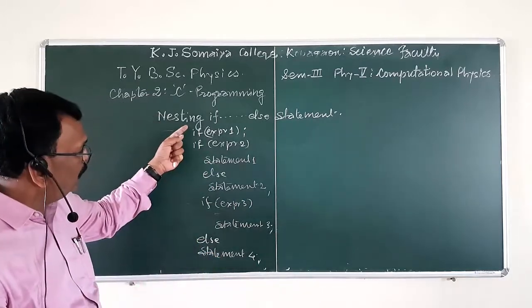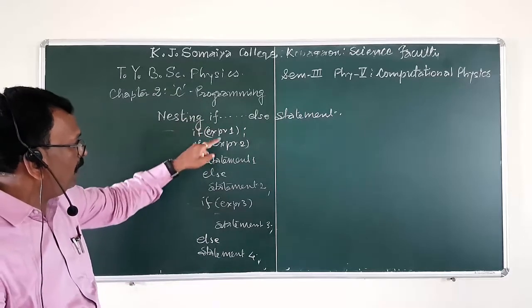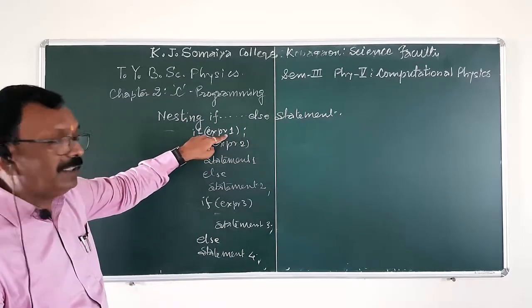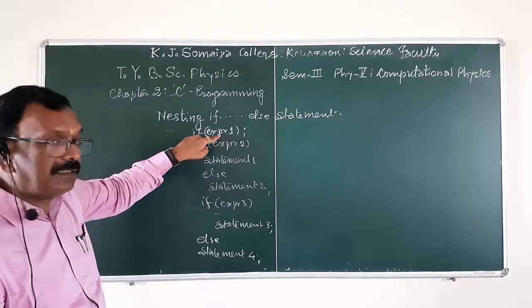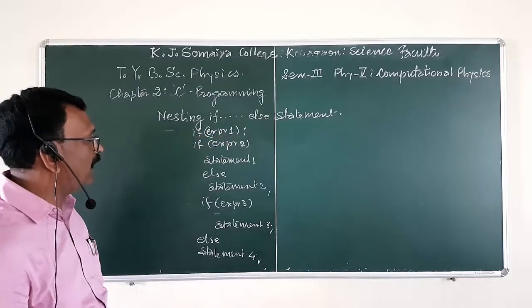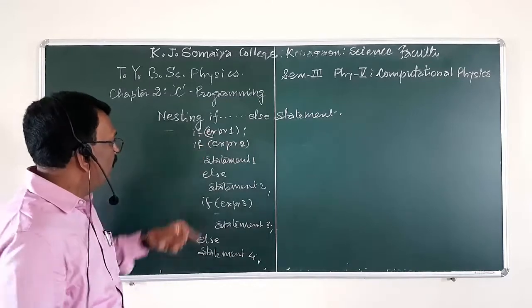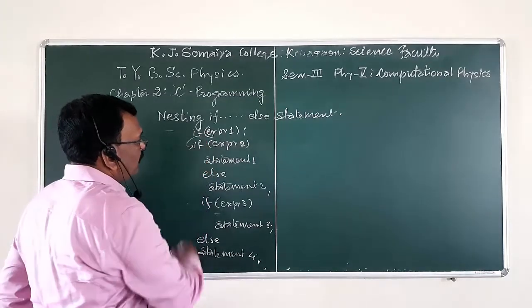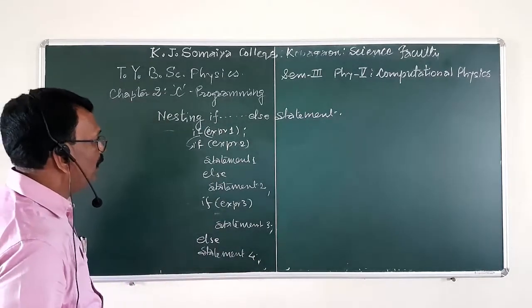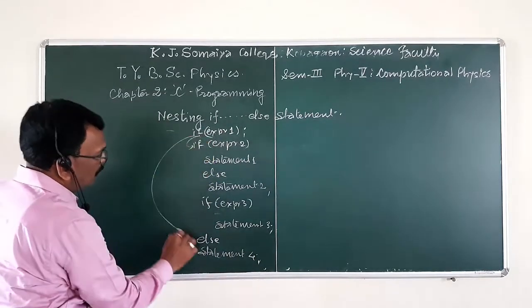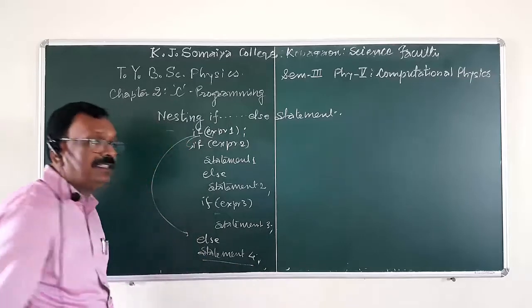Here again I am going to explain how this is executed. When the first statement is executed, it checks the expression condition. If expression condition 1 is true, then control comes to the inner if statement 2, otherwise it goes to the else statement and statement 4 is executed.